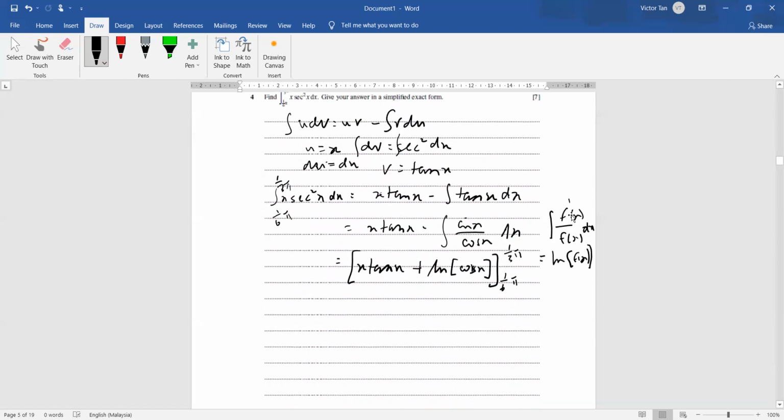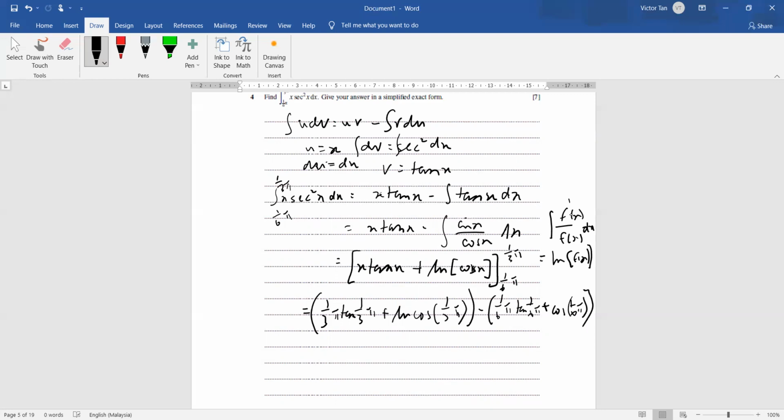So they want the answer in exact value. So this will be equal to, at 1/3 pi, pi over 3 tangent 1/3 pi plus ln cos 1/3 pi, minus, at 1/6 pi, pi over 6 tangent 1/6 pi plus ln cos 1/6 pi.